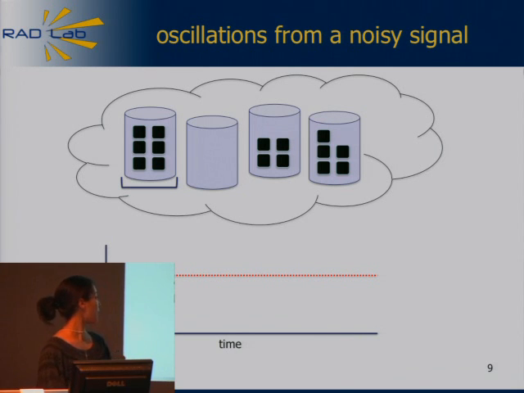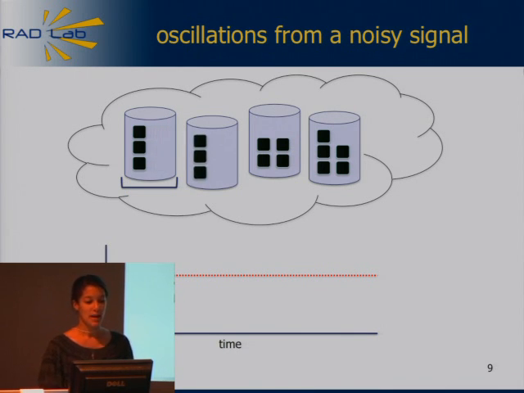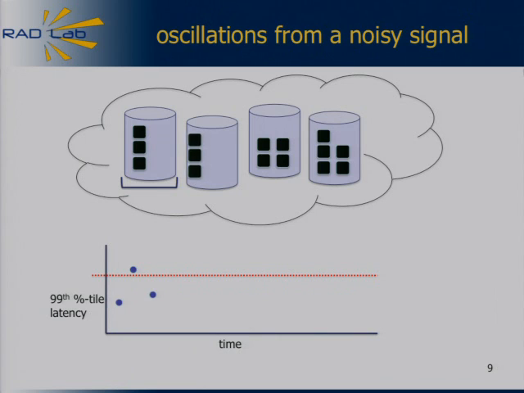We get our second observation, it's actually above the threshold. So the controller says, uh-oh, I need to move some data from my overloaded node. And it does that, okay, it relaxes. Then we get our next observation, and it's below the threshold. So the controller says, okay, let me just move that back. As it turns out, this node is not overloaded. It's just that the signal is very noisy. When you draw several observations from the 99th percentile latency, this is a noisy signal to look at.